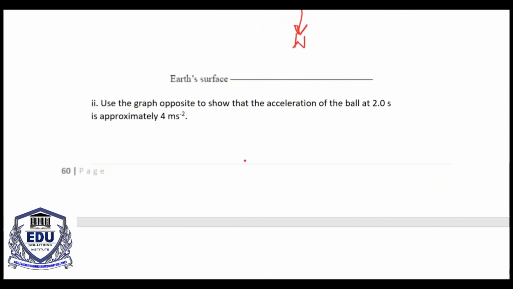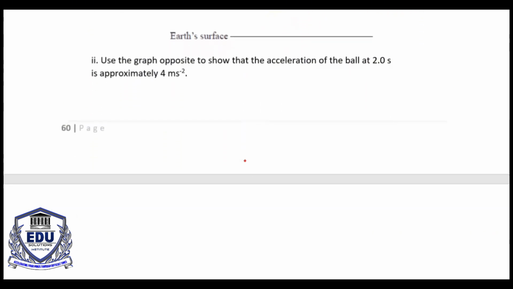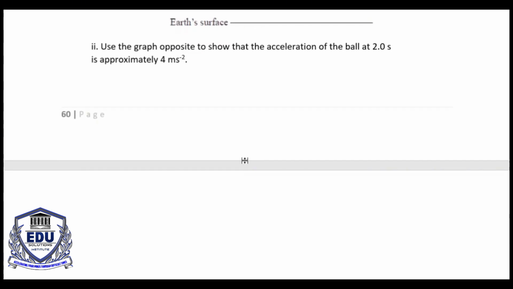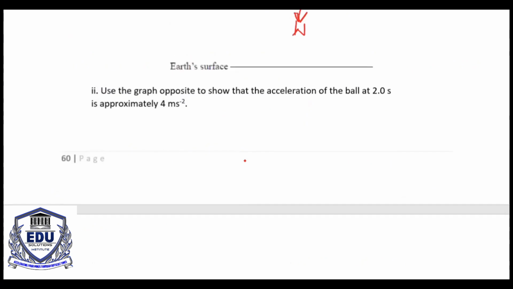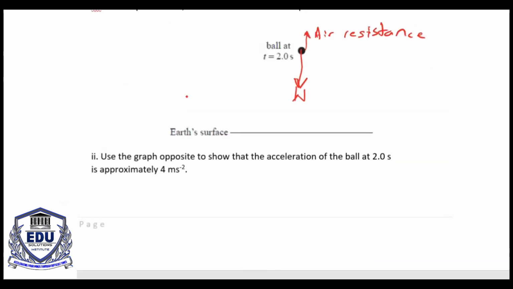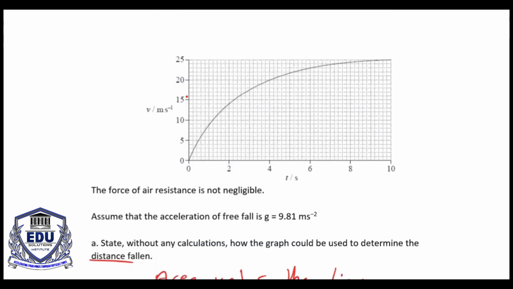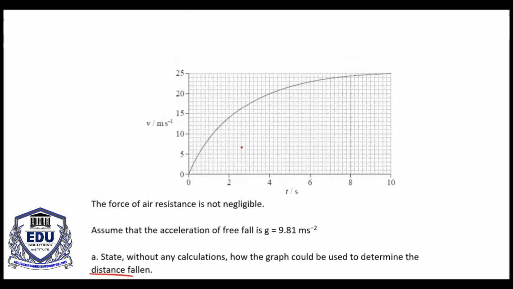Use the graph to show that the acceleration of the ball at 2 seconds is approximately 4 meters per second squared. So we're going to prove that the acceleration at 2 seconds is 4 meters per second squared. The first thing is to note the velocity at this line here.